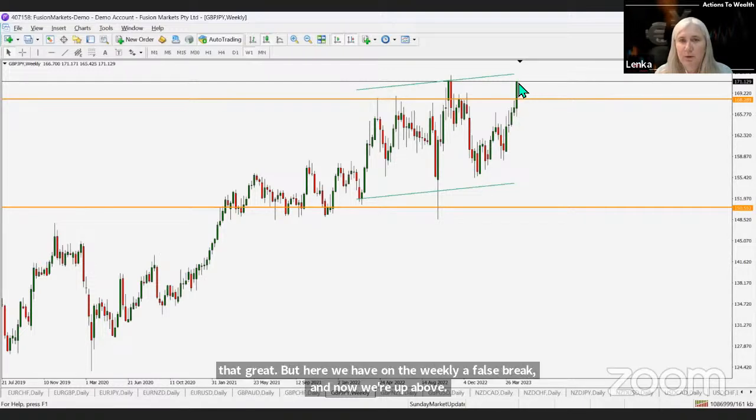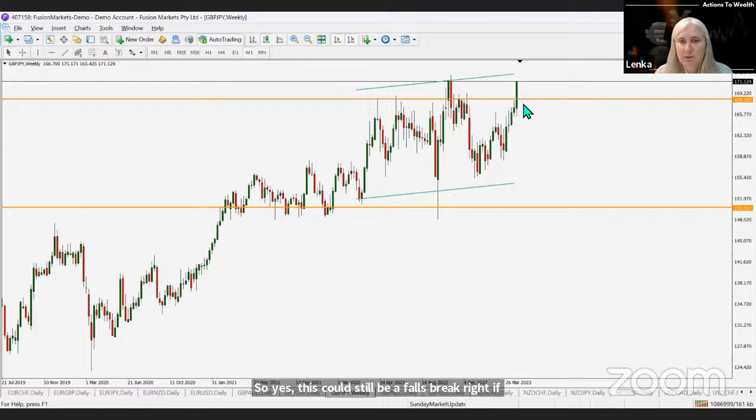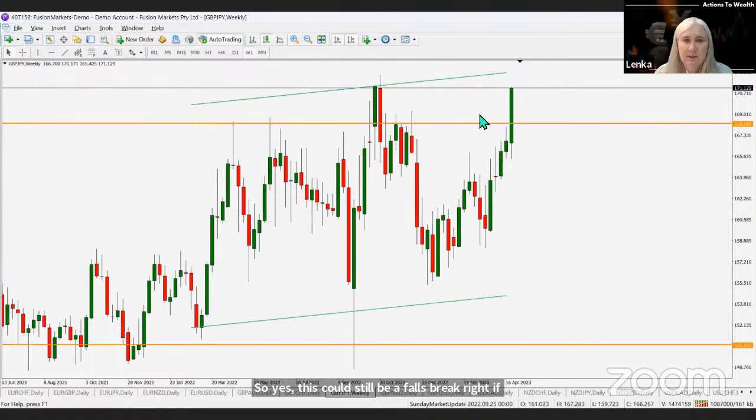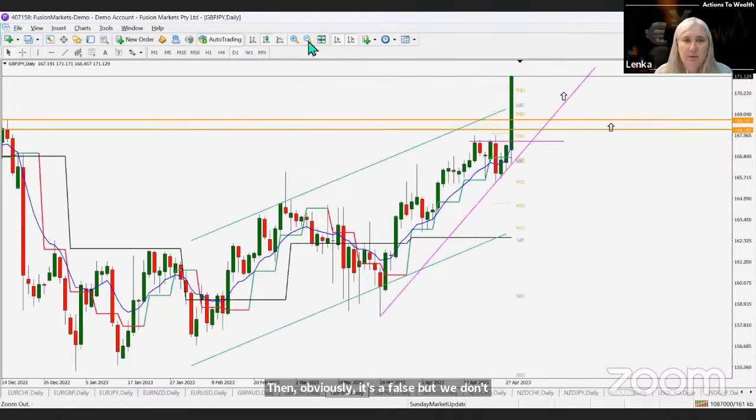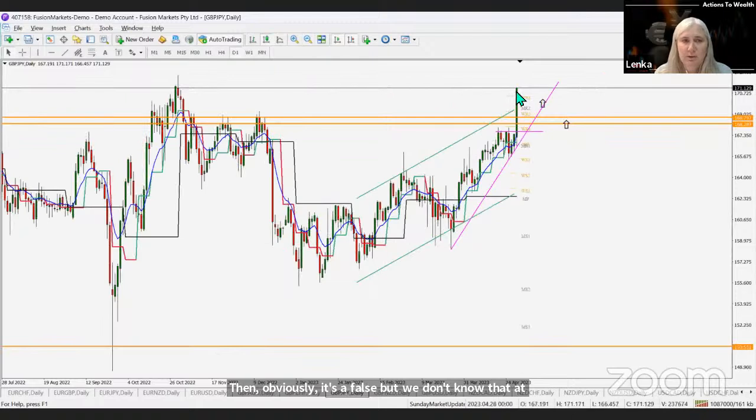If tomorrow the price just comes back straight underneath, then obviously it's a false break, but we don't know that at the moment. This was just the reaction to Friday's news event. So it depends on what the market does after that.